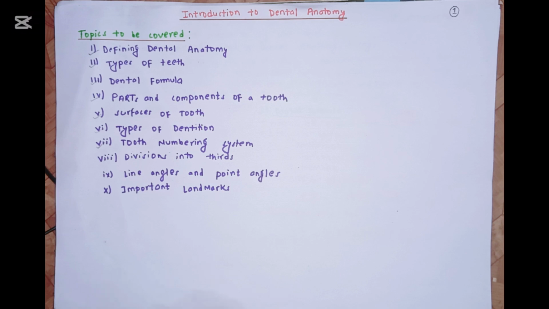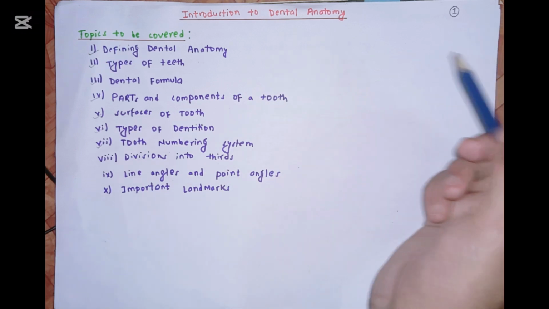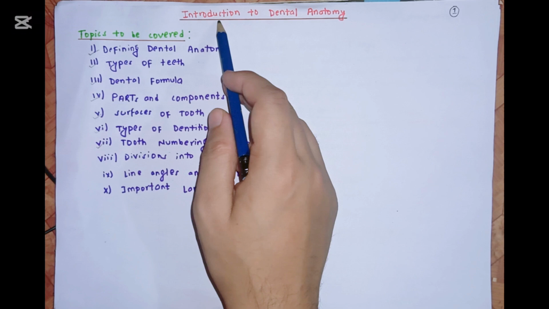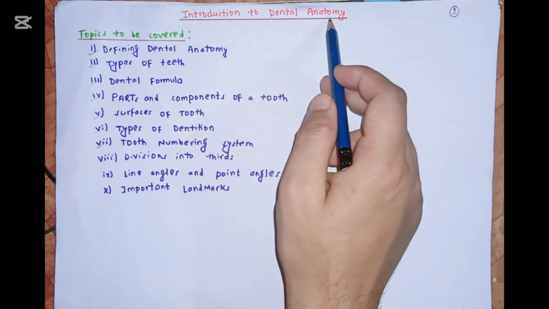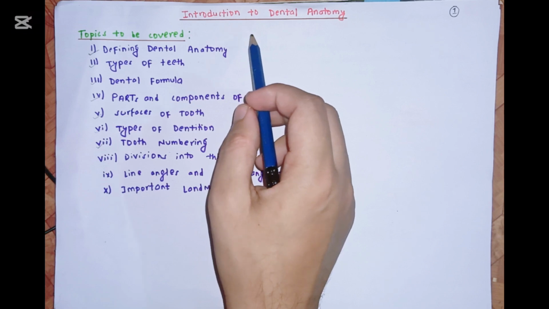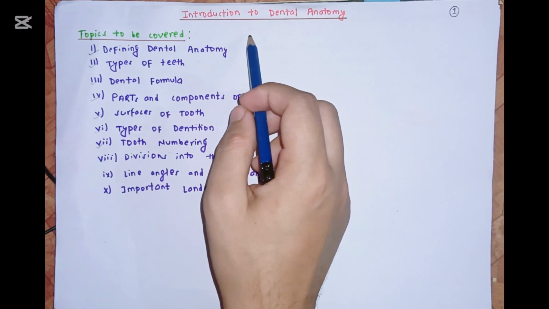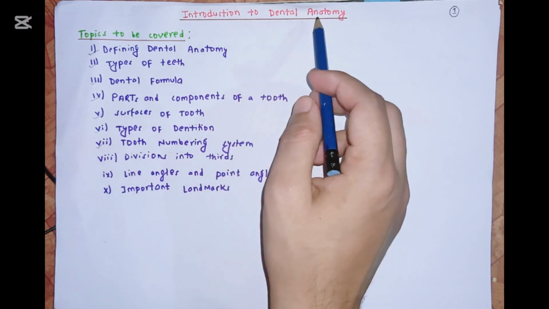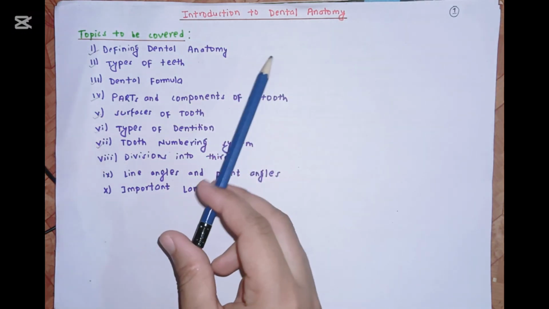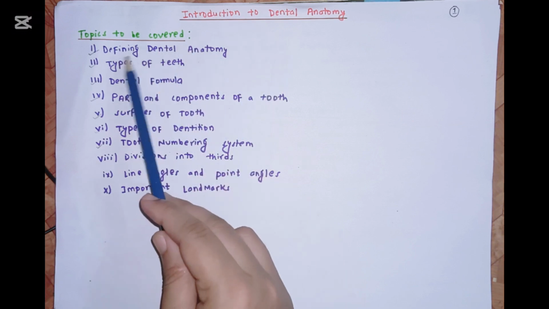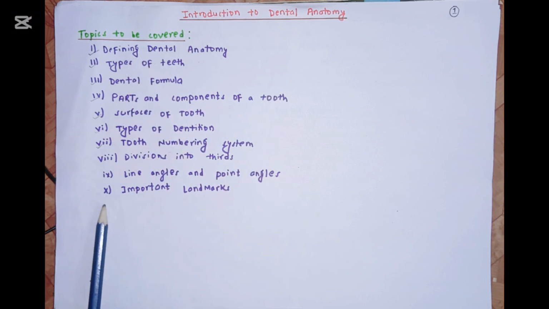As you have seen in the video, today's topic is the introduction to dental anatomy. This is the first topic of oral anatomy. I have covered almost all the things present in this chapter in these subtopics.